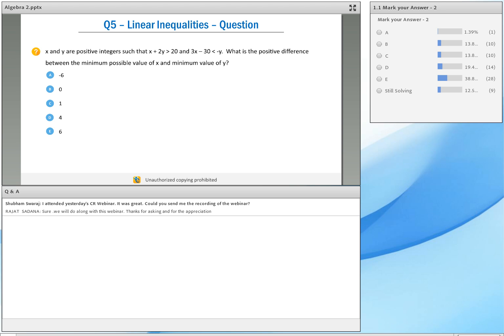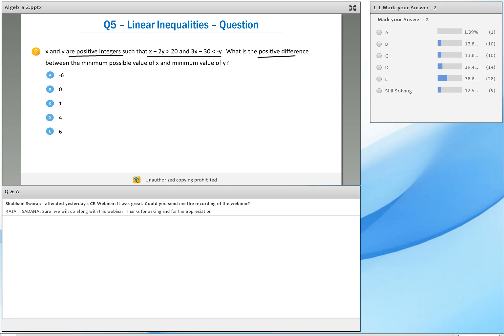We're given that x and y are positive integers, and these two integers satisfy these two inequalities. The question asks for the positive difference between the minimum possible value of x and the minimum possible value of y.